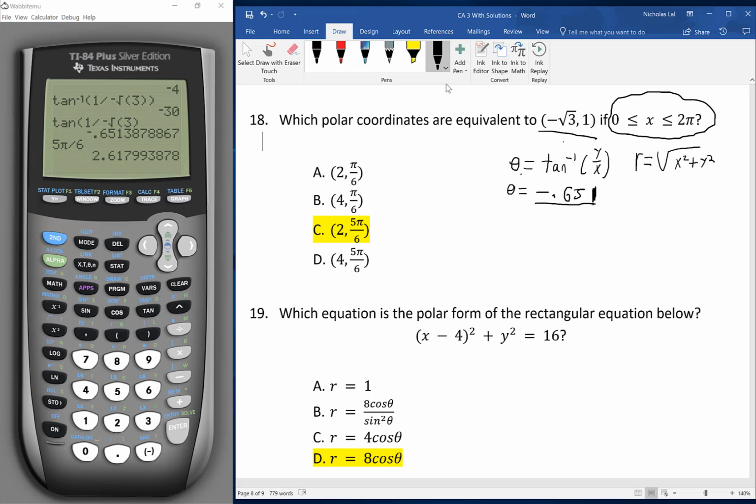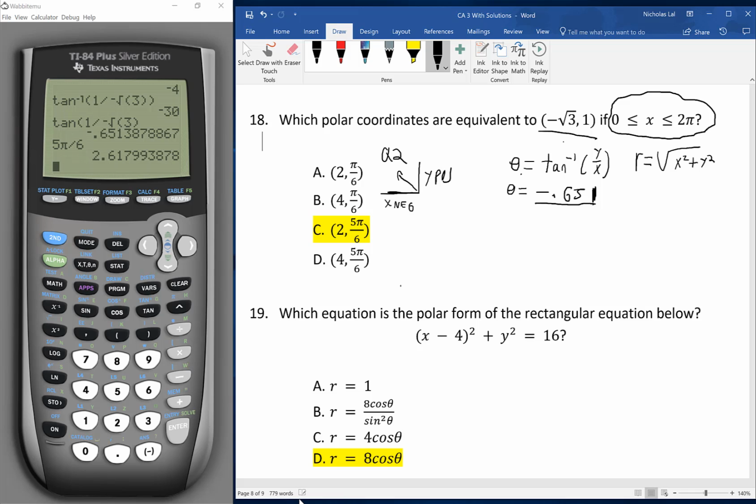In order to make this value positive, we could actually add pi to end up in the same spot. So in this case, our x value is negative square root of 3, because our x value is negative and our y value is positive, that's going to put us in quadrant 2.